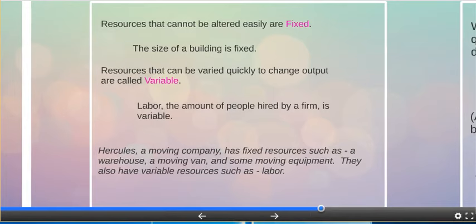Resources that cannot be altered easily are fixed, be it the size of a building. They're called fixed resources. For Hercules, fixed resources are a warehouse, a moving van, and some moving equipment. Resources that can be varied quickly to change output are called variable resources. In Hercules' example, labor is the only variable resource they have.